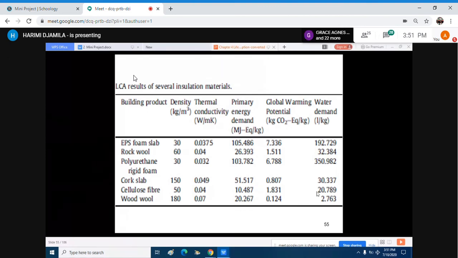But here you observe the remaining is also still high. The most interesting part is wood wool. Probably the last option is to ask for the availability and also for the price, and other, if it has other environmental issues, which I explain later.